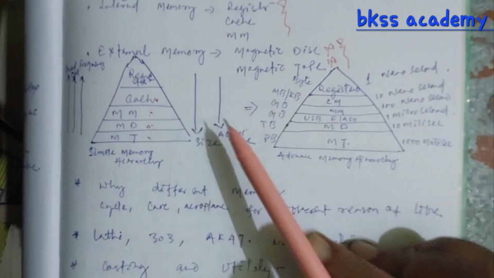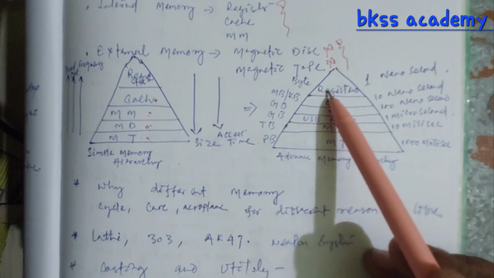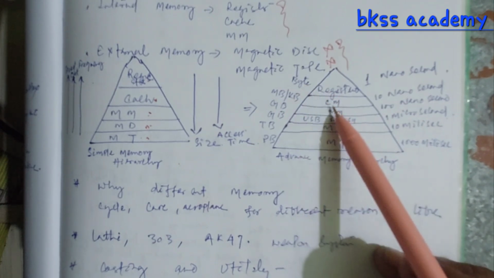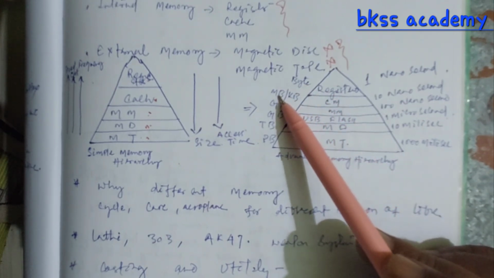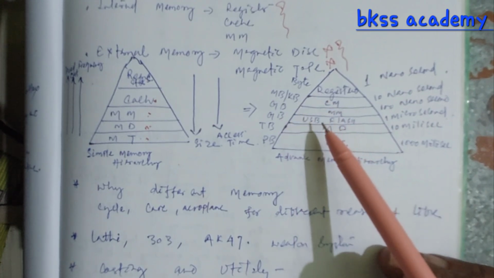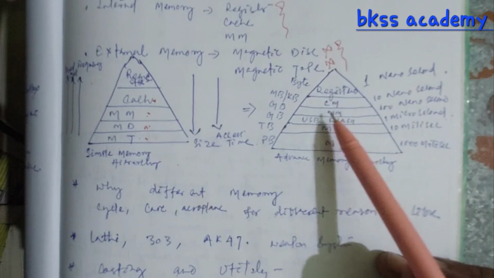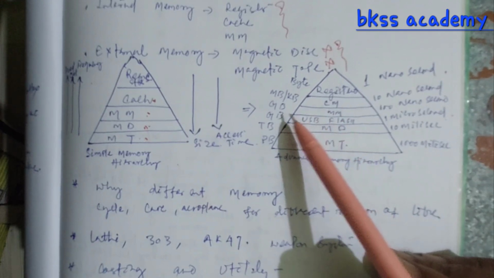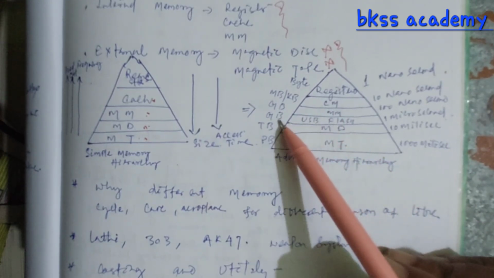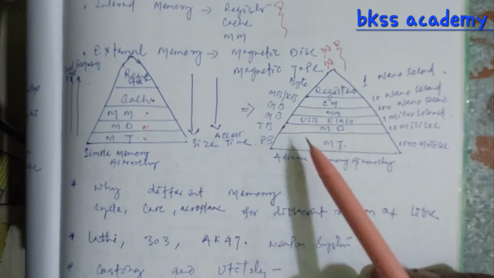Similarly, we can present this in a triangle also. Register will be measured in bytes, cache memory in KB and MB, main memory in gigabytes, USB flash memory in gigabytes, magnetic disk in terabytes, and magnetic tape in petabytes.